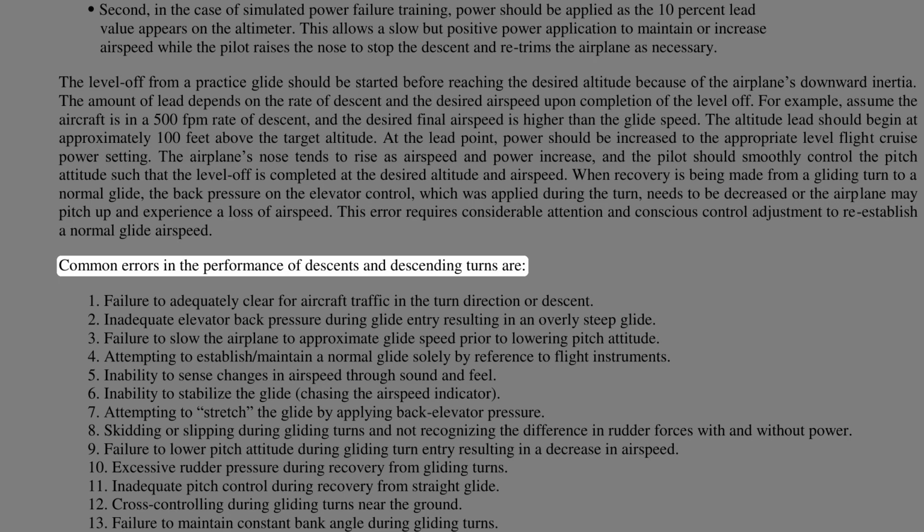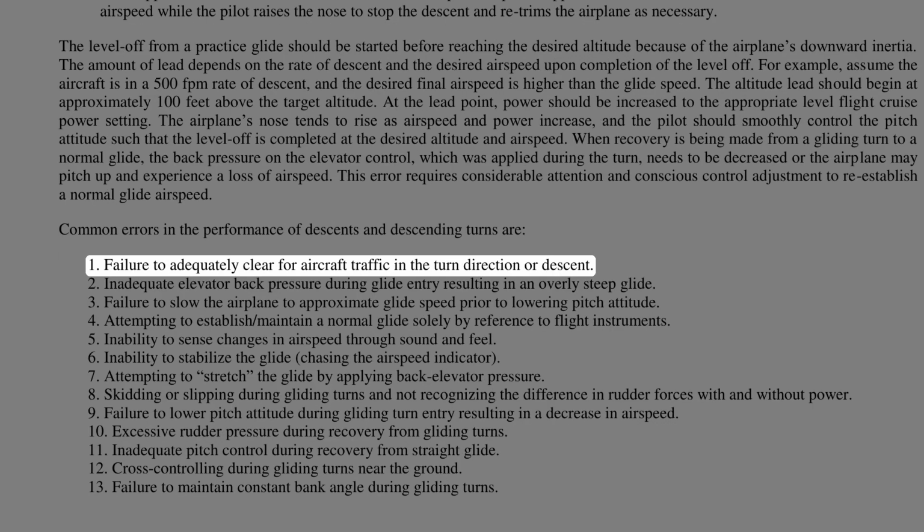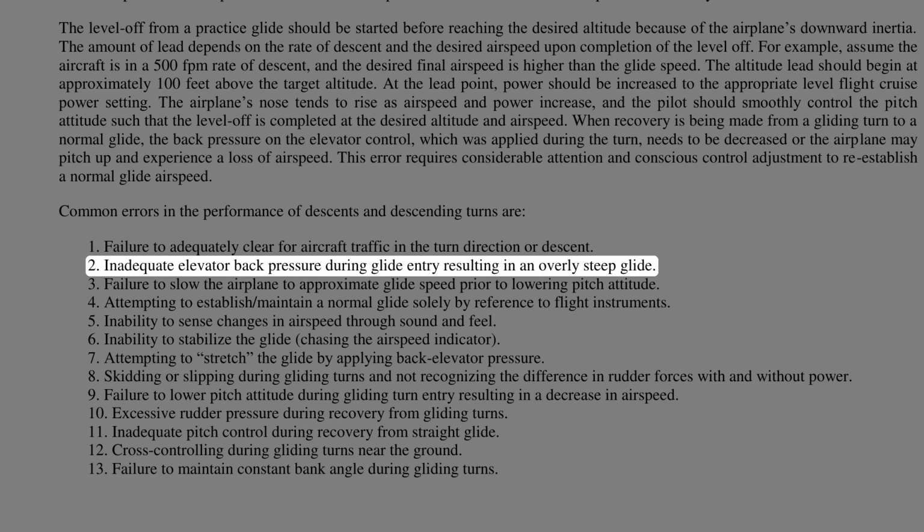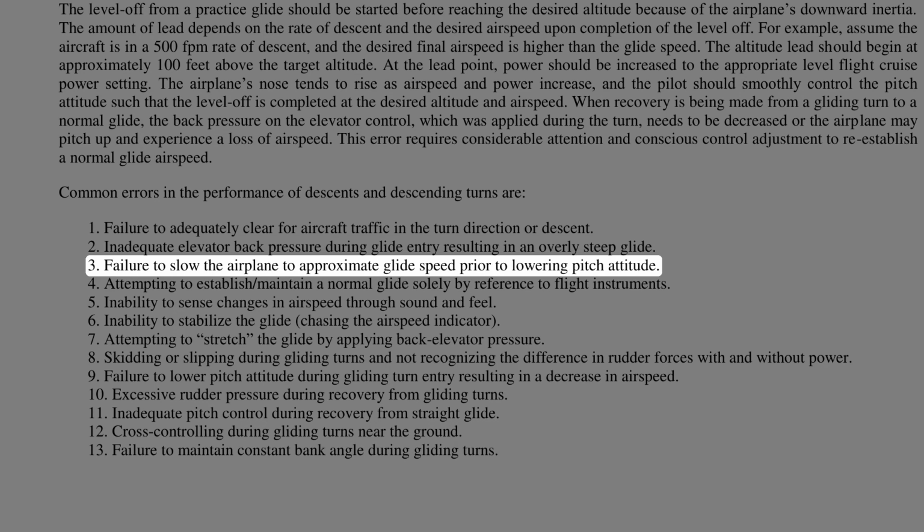Common errors in the performance of descents and descending turns are: 1. Failure to adequately clear for aircraft traffic in the turn direction or descent. 2. Inadequate elevator back pressure during glide entry, resulting in an overly steep glide. 3. Failure to slow the airplane to approximate glide speed prior to lowering pitch attitude. 4.